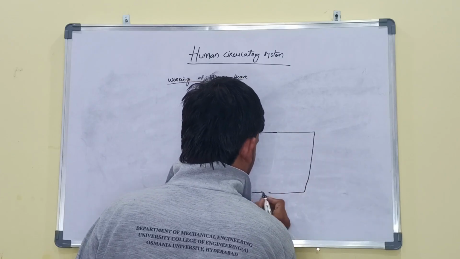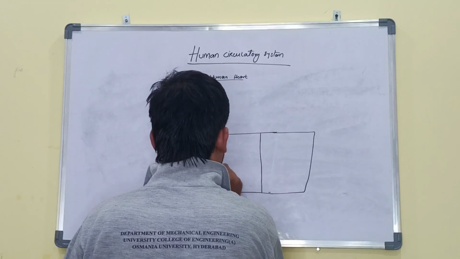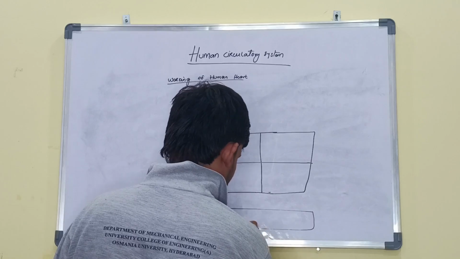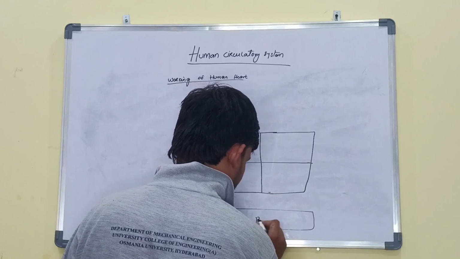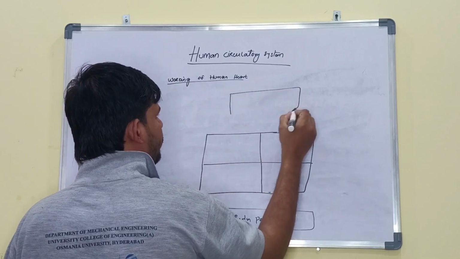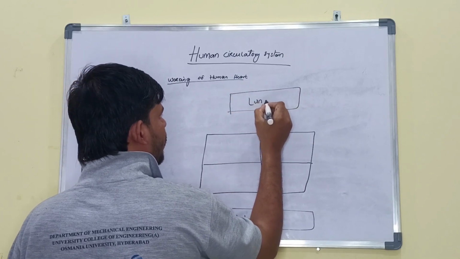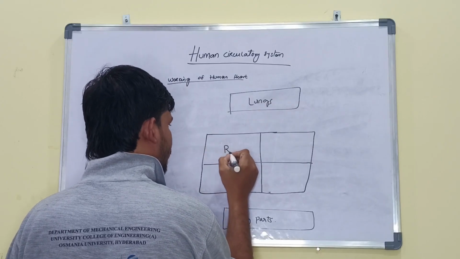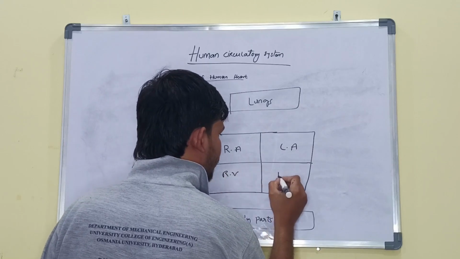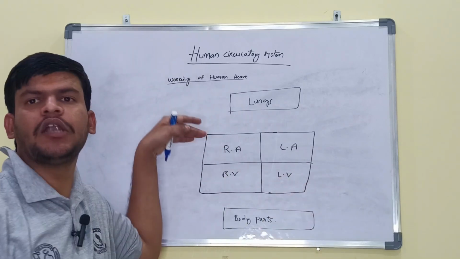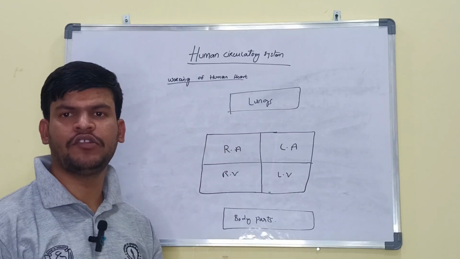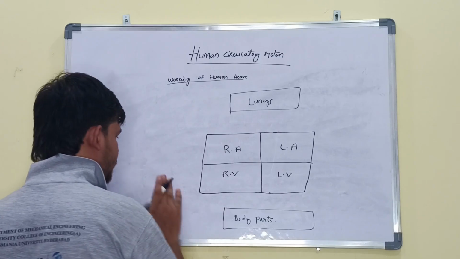This is a heart, consists of four chambers. Here we have body parts. Here we have lungs. Here we have right auricle, left auricle, right ventricle, left ventricle. The upper chambers are known as auricles, lower chambers are known as ventricles. Please remember this.